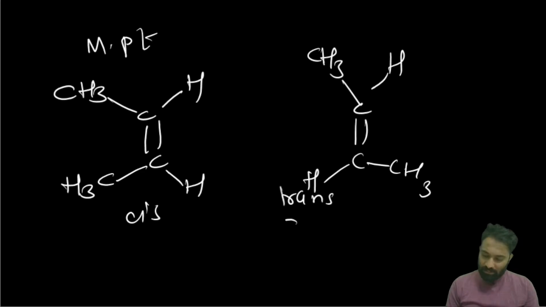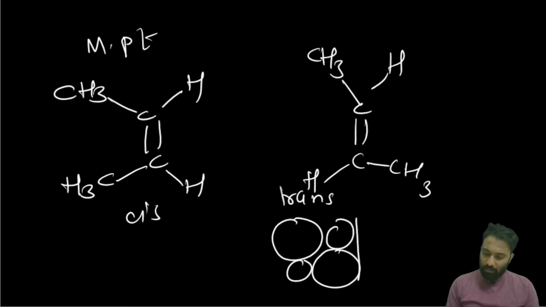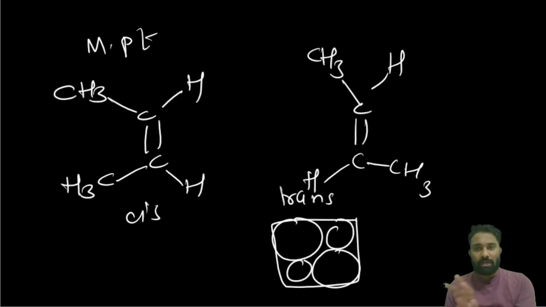Now you can see this CH3 is bulky, hydrogen is smaller, and again here we are having the hydrogen smaller, and again we are having the bulky. Now you can see it has become symmetrical. Symmetrically atoms or groups are attached, so that it is getting the symmetry and we are getting less voids. Due to that less voids, it is having the high melting point.